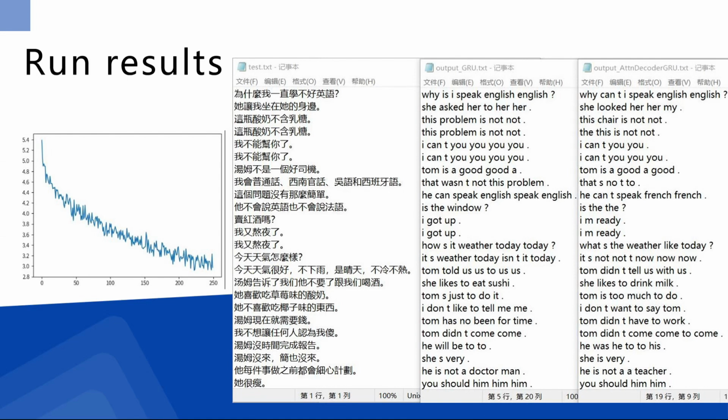Another example is the sentence "She likes eating strawberry-flavored yogurt." The standard GRU translated it as "She likes to eat sushi," meaning she likes to eat sushi, whereas the GRU with attention translated it as "She likes to drink milk," meaning she likes to drink milk. Clearly, the translation with the attention mechanism is closer to the actual meaning.